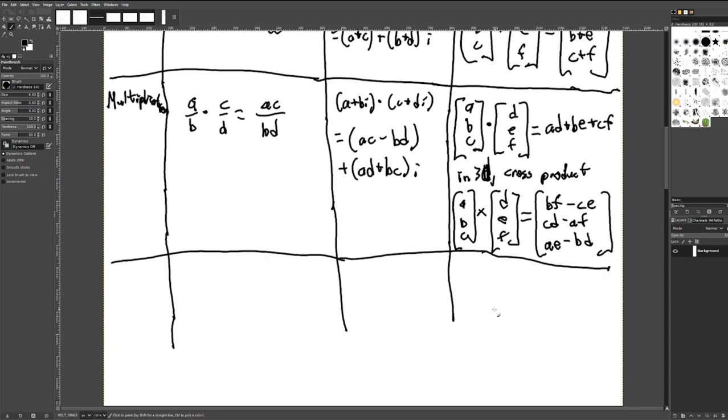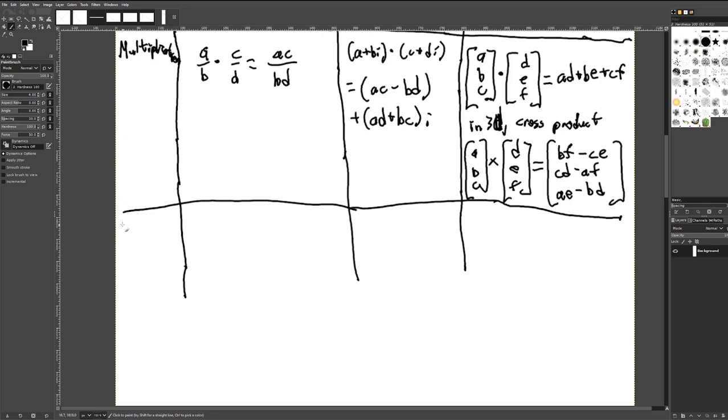You can also take lengths. The length or the size or the magnitude, which I will write as 2 bars.